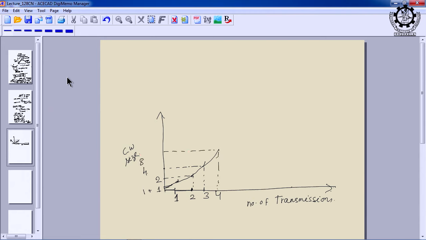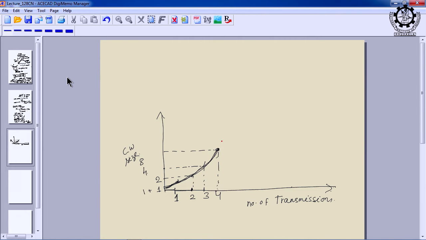That means you have an exponential growth of the number of segments transmitted with the number of transmissions. In the fourth iteration, though it is below the carrying capacity, the number of segments transmitted has grown exponentially. If this is the threshold, meaning half the carrying capacity, let 16 be the maximum carrying capacity.